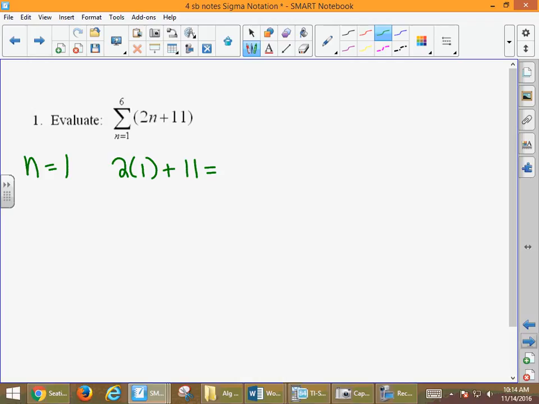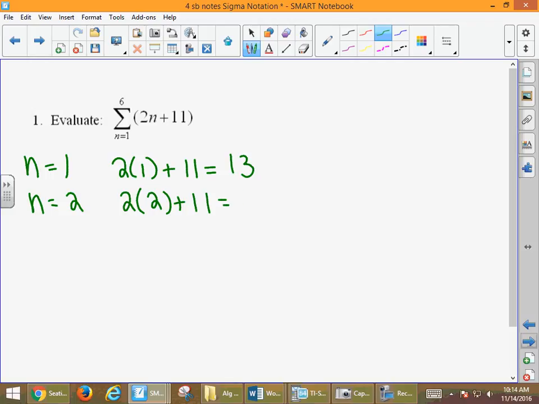And 2 times 1 plus 11 is 13. Well, n equals 2. It's 2 times 2 plus 11. We start at 1, and then we're going to increase all the way up from 1, 2, 3, 4, 5, 6.